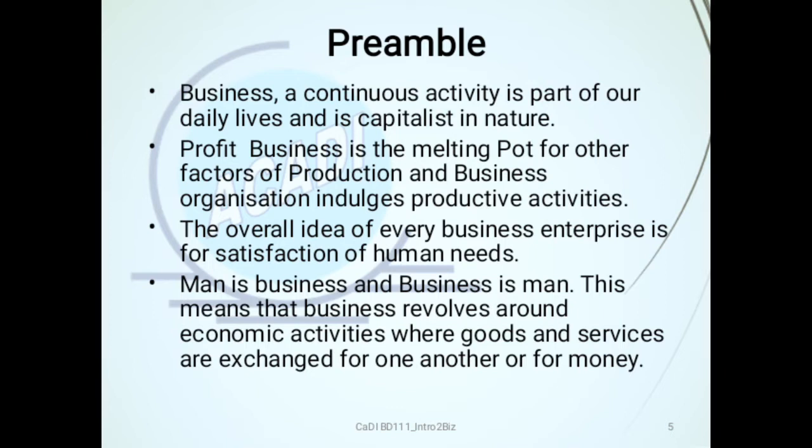The overall idea of every business enterprise is the satisfaction of human needs. Man is business and business is man. This means that business revolves around economic activities where goods and services are exchanged for one another or for money.